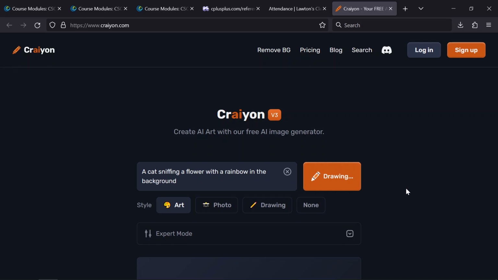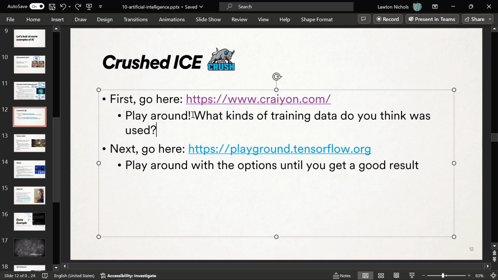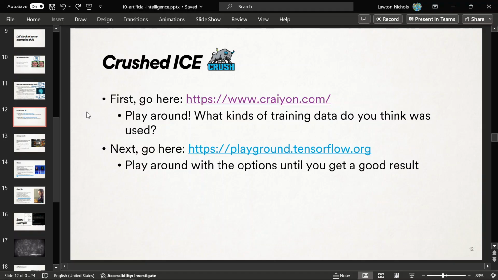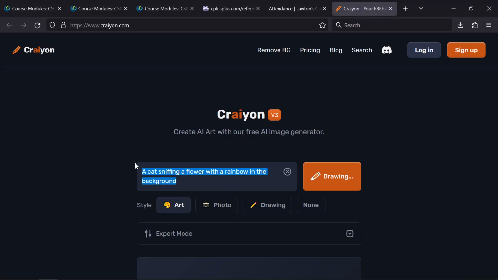Just play around with that website for a couple minutes, and feel free to share your fun pictures on our Discord if you like. It takes a minute to think about it, and it will eventually generate pictures for us. As you play around, I want you to think about what kinds of training data you think they used to get this to take your arbitrary text and generate images.